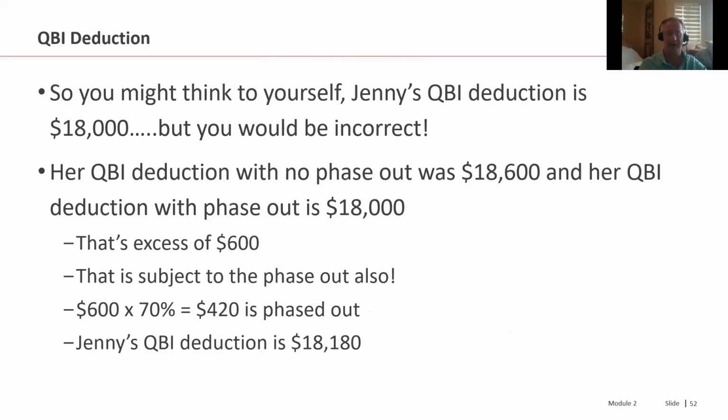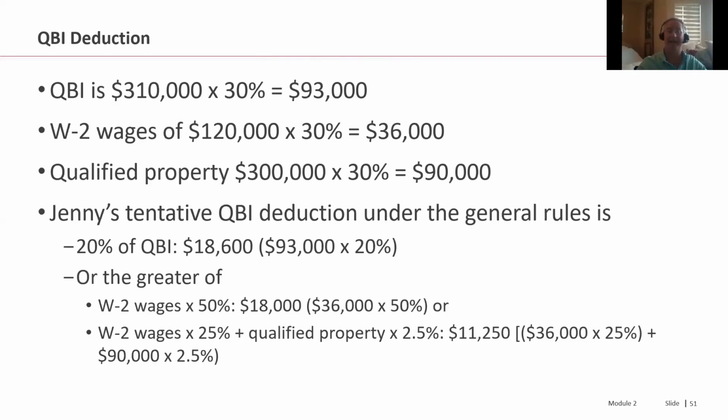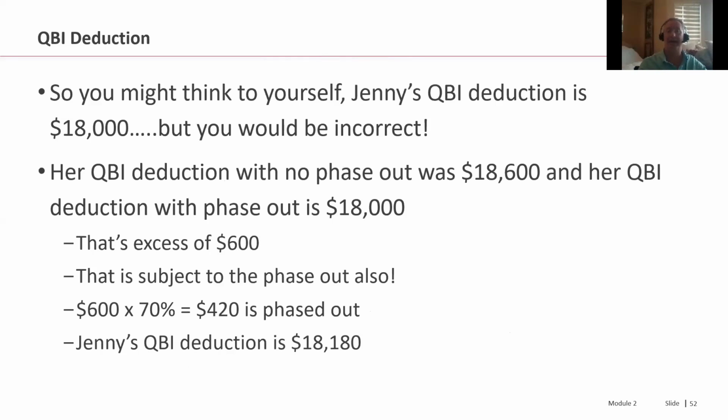All we've done so far is deal with the wage and wage plus qualified property limitation. Now we have to apply the service limitation. So now we say her QBI deduction with no phase out, recall, was 18,600. Her QBI deduction with the phase out was 18,000.